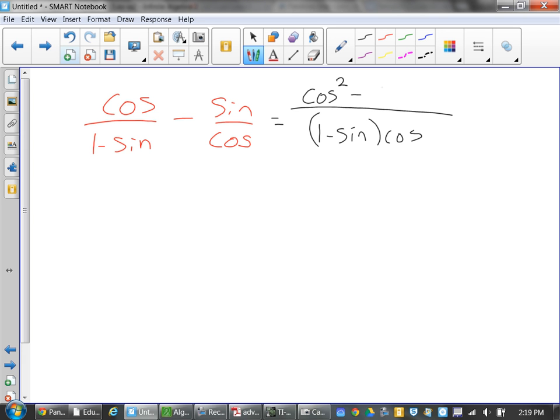The fraction on the right needs a sine times the 1 minus sine. So now, in the numerator, I'm going to distribute to that secondary term. It's negative sine times the 1 minus sine. When I do that, I get my numerator of cosine squared minus sine plus sine squared.